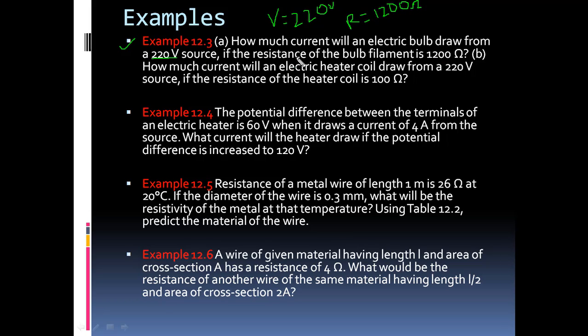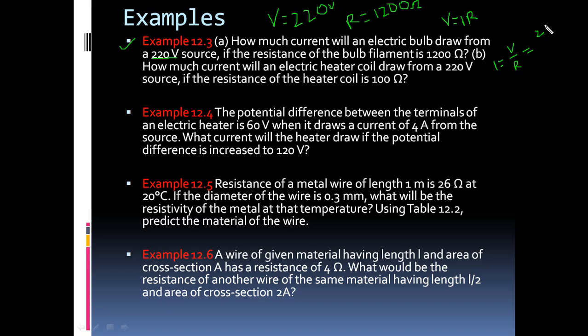Okay, so how much current? According to Ohm's law, you know that V equals I R. As you want to find out I, I will be equal to V divided by R. So what is V here? 220.